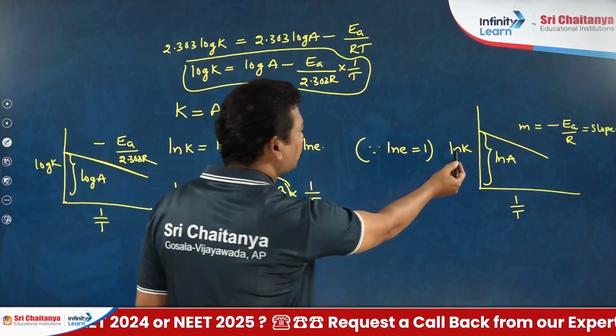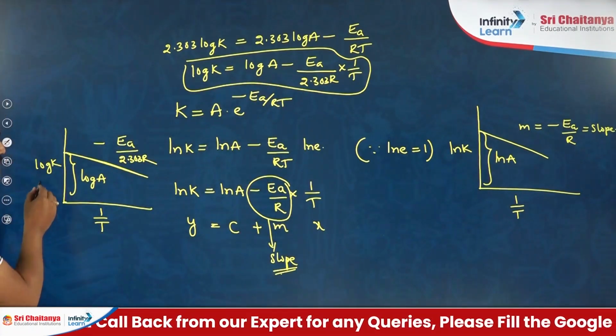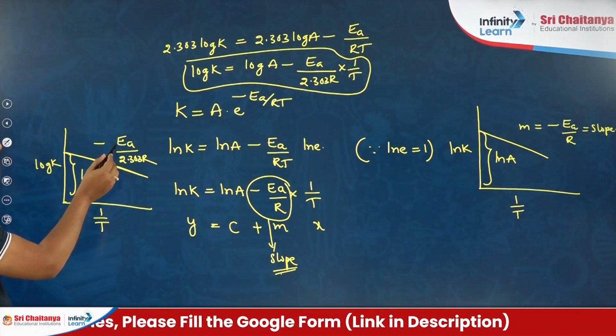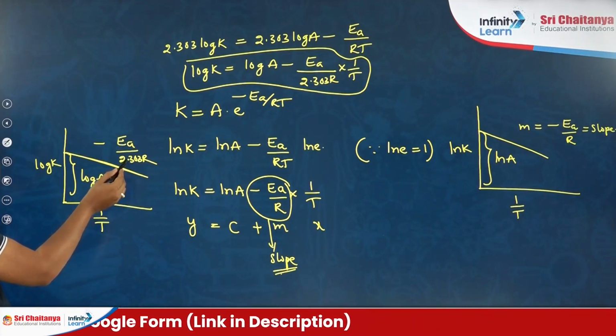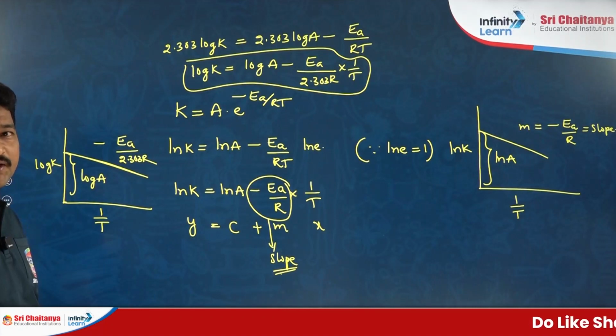Here we have used the exponential logarithms, here normal logarithms to the base 10. Whenever the normal logarithm is there, the slope value will be like this, minus EA by 2.303 R. Okay, let us solve some numericals related to this.